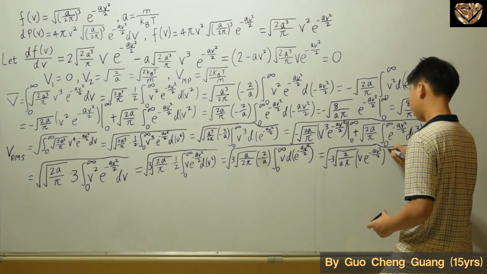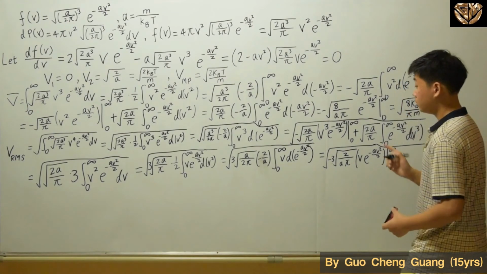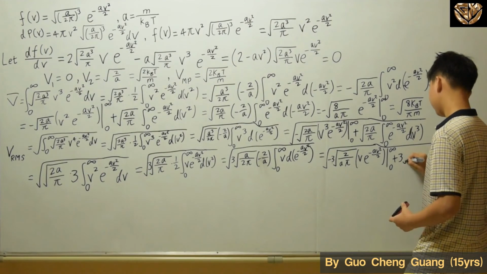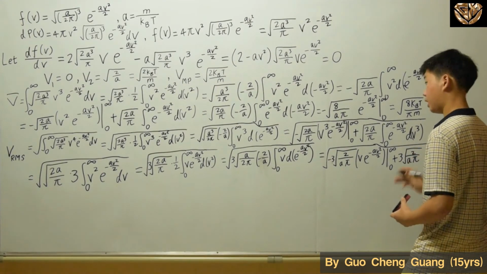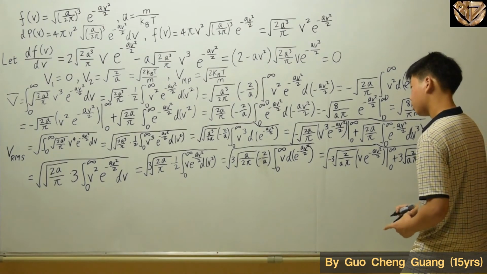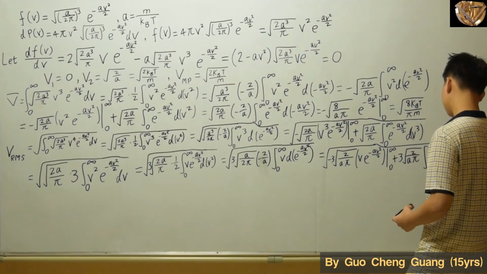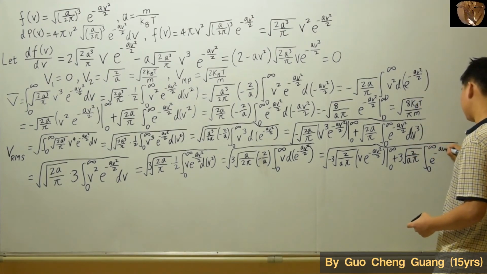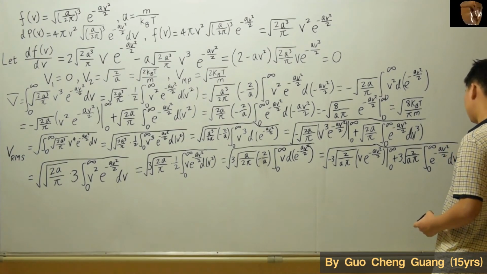You're going to have substitute 0, infinity, then you're going to see plus 3 square root 2 over a pi. So it is a swap of the two, which is integrate from 0 to infinity, and e to the power negative av square over 2 and dv.